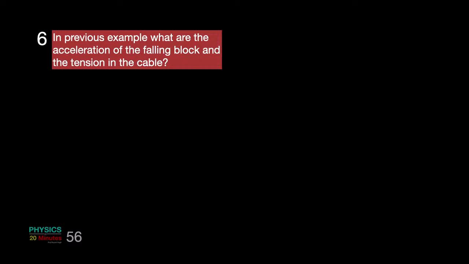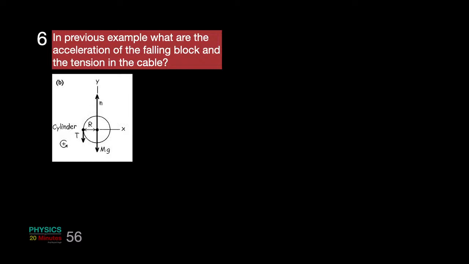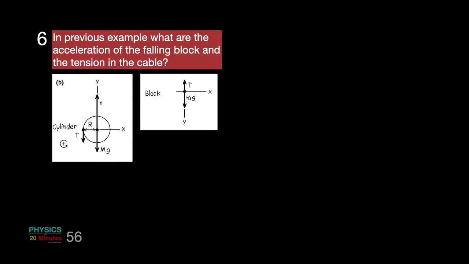In the previous example, what are the acceleration of the falling block and the tension in the cable? Now to find out the acceleration of the falling block and the tension in the cable, we need to take care of Newton's second law in case of rotational motion.